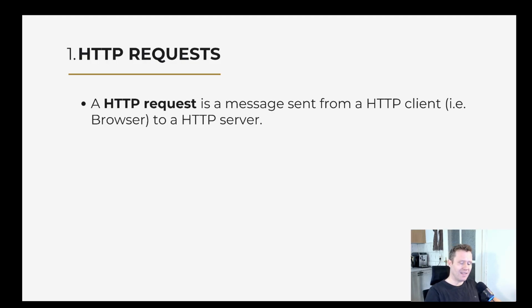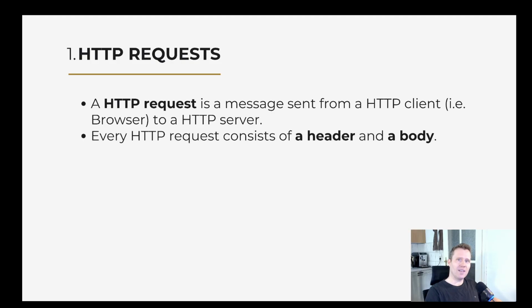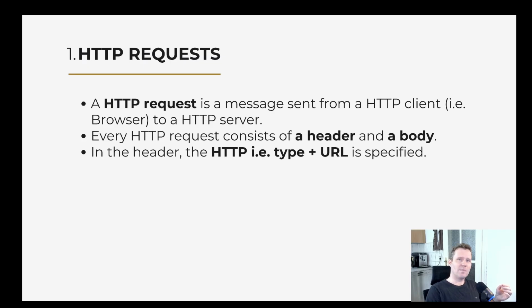Okay, and each HTTP request consists of a header and a body. In the header, we specify what type of HTTP request we are sending, and also what URL. For URLs, for example, you know it, https://www.google.com. Okay? In the body, we specify data.